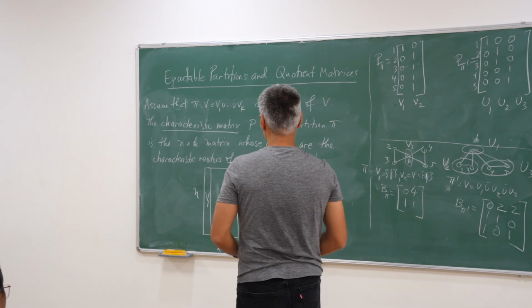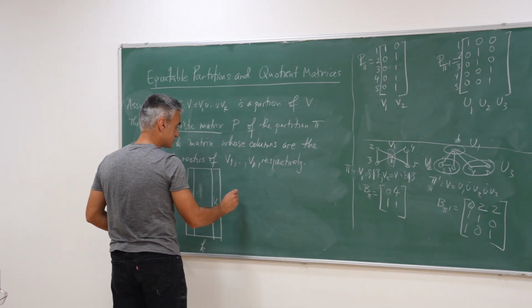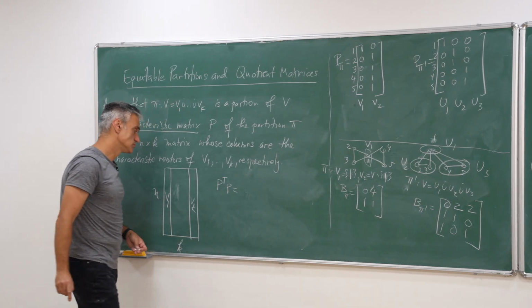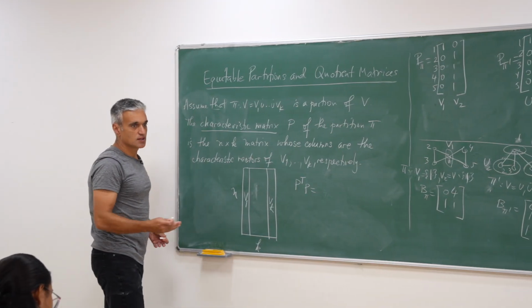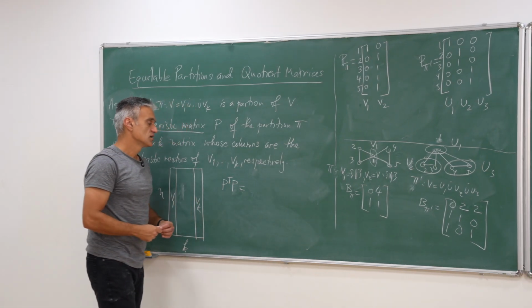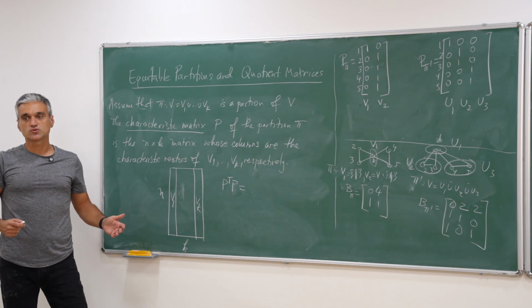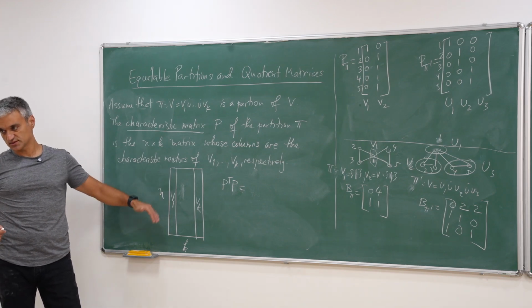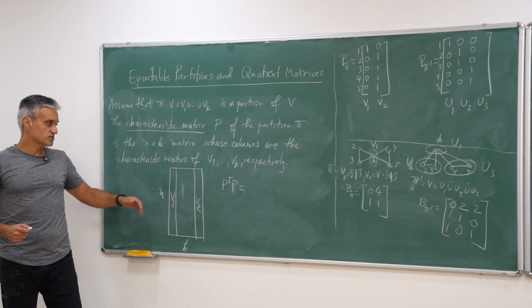And the other thing, what do you get about P transpose P? So this is a bit more than what I just asked you. In P transpose P, you will keep track of the inner products between the columns of this matrix.